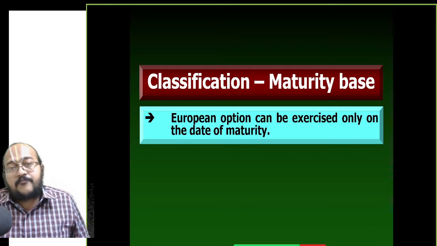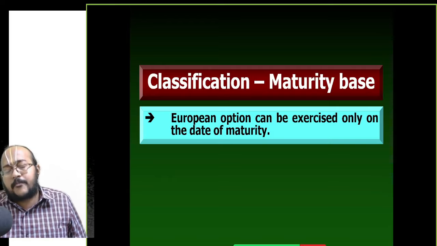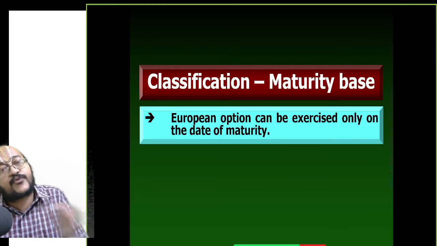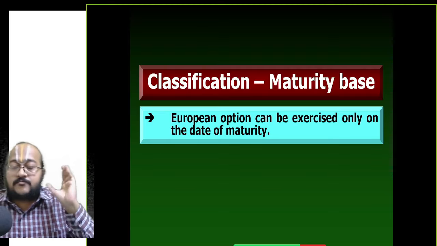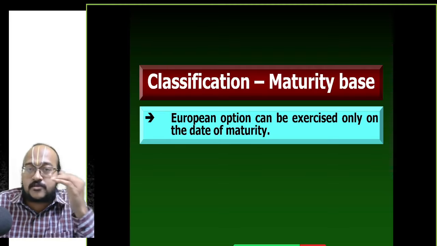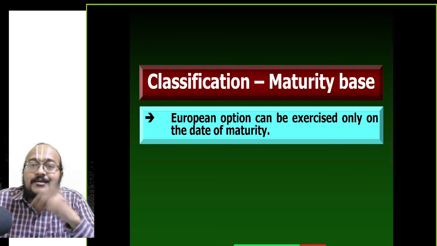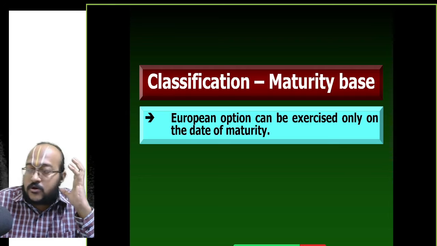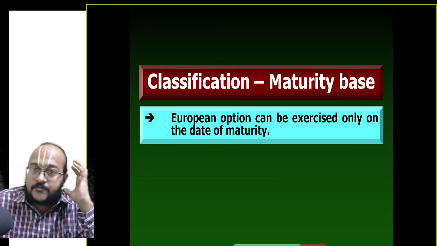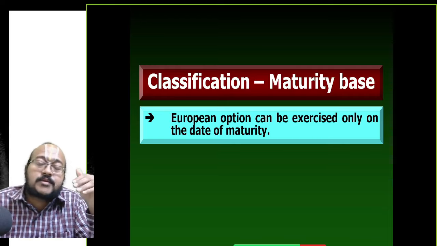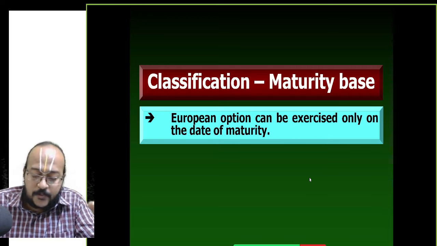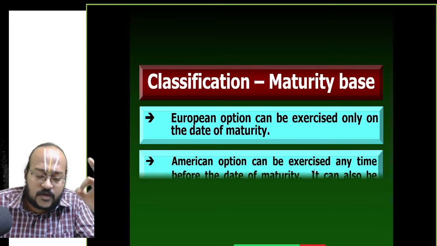In case of American options, anytime before the maturity you can close off your position or exercise your contract. This is the American option. Understood? European options can be exercised only on the date of maturity.